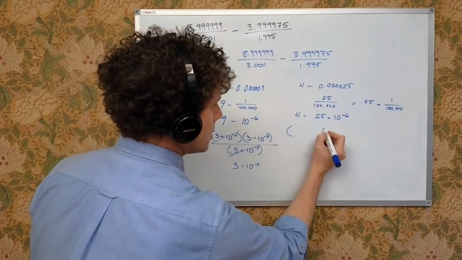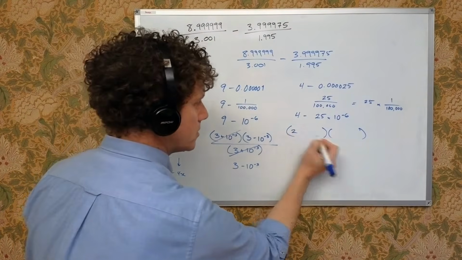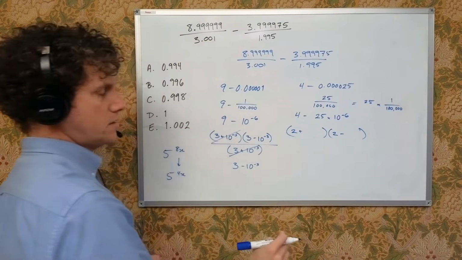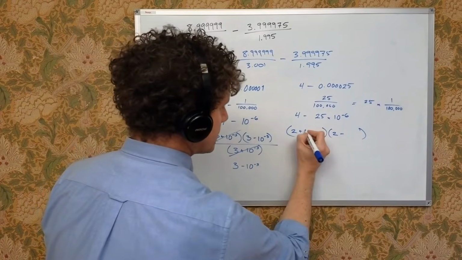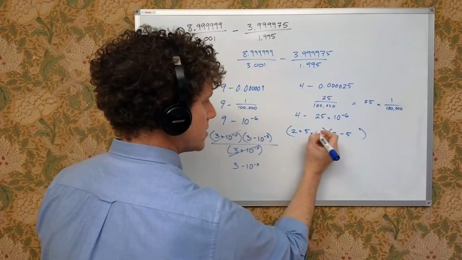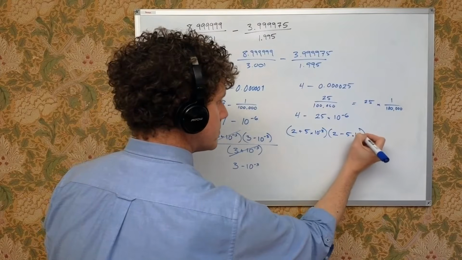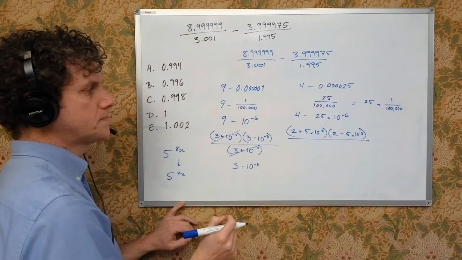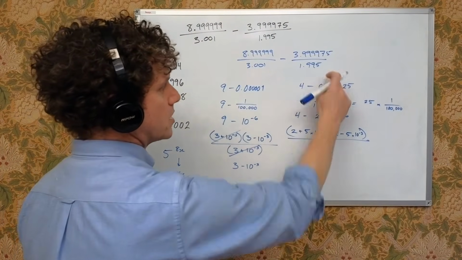So once again, I have a square from which a square is being subtracted. Square root of 25 is 5. Square root of 10 to the negative sixth is 10 to the negative third. And what's that all over? That's all over, well, look at that.